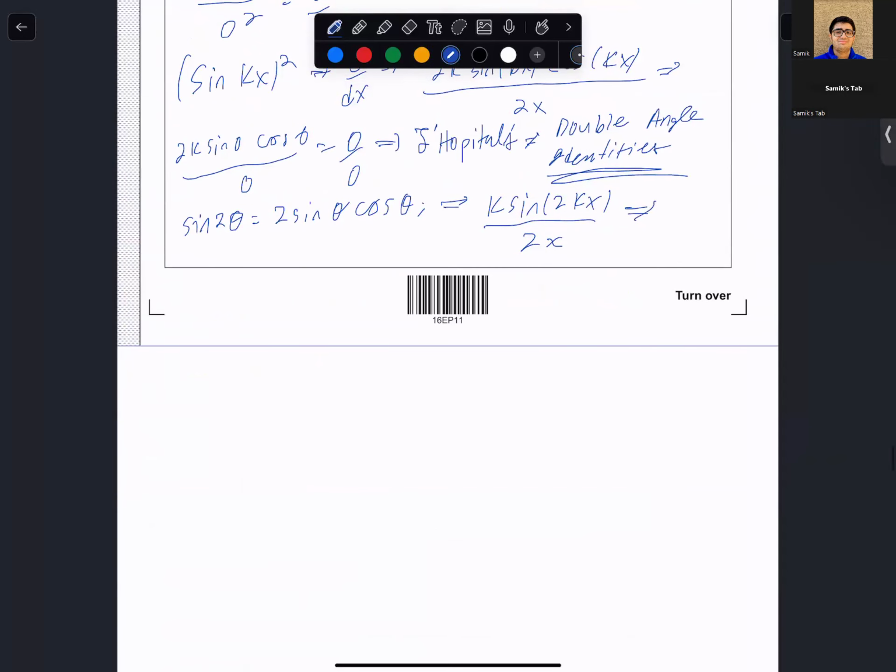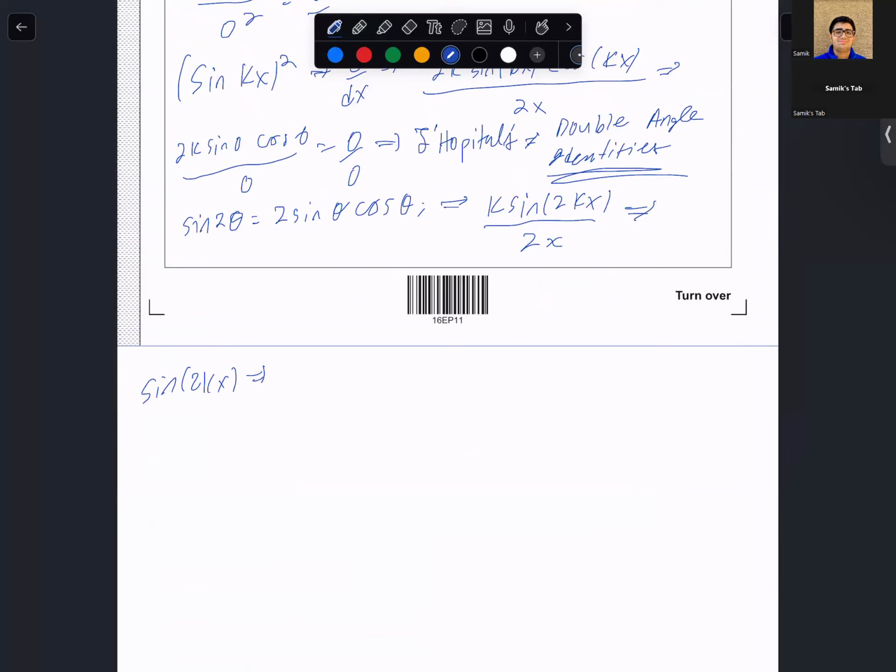So now we can take the derivative of this. So k sine of 2kx: we have the k constant and then we have sine of 2kx, right? So the derivative will be equal to, we can bring out the k, and now we have to bring out the 2k because it's already a constant.